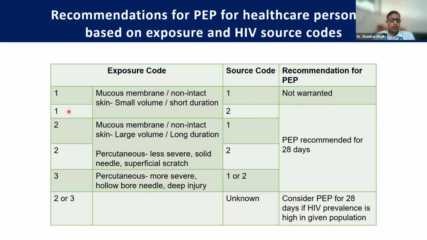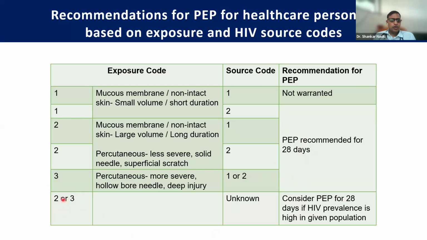If the exposure code is 1 and the source code is 2, that is the patient's HIV status is relatively uncontrolled with high viral load and low CD4 count, then PEP has to be given for 28 days. If the exposure code is 2 and the source code is either 1 or 2, then again PEP is recommended for 28 days. If the exposure code is 3 and the source code is 1 or 2, then again PEP is recommended for 28 days.